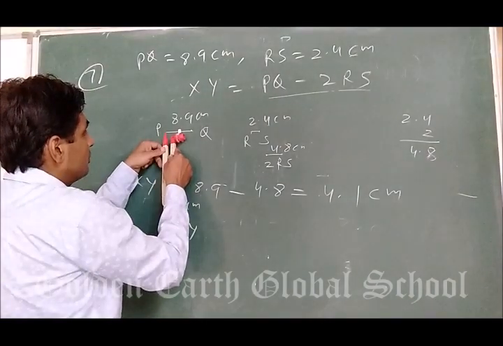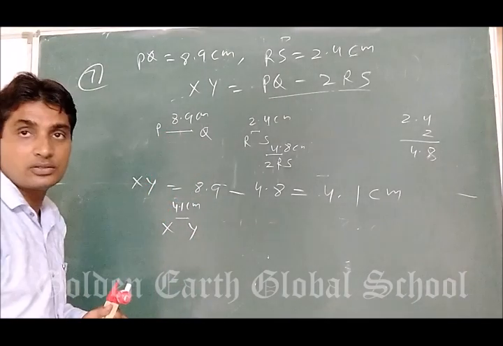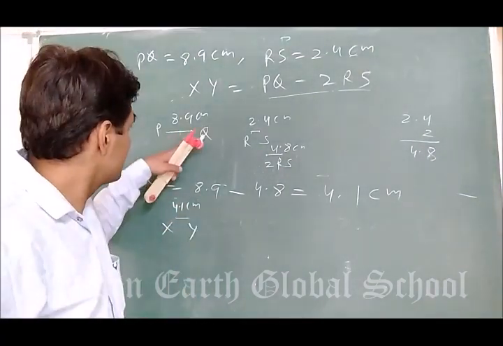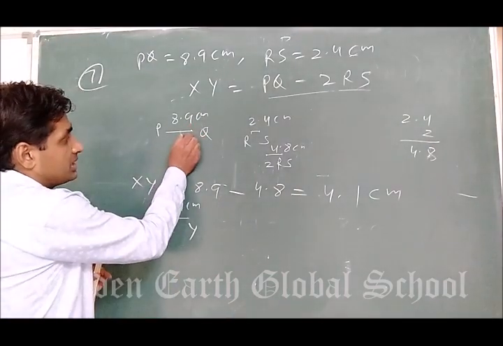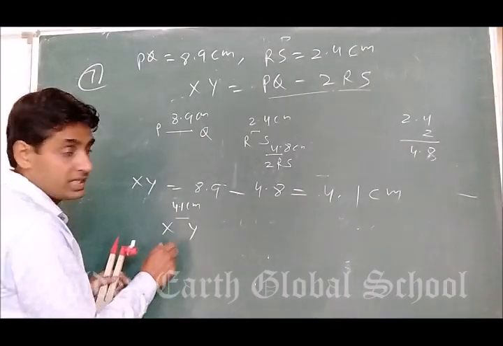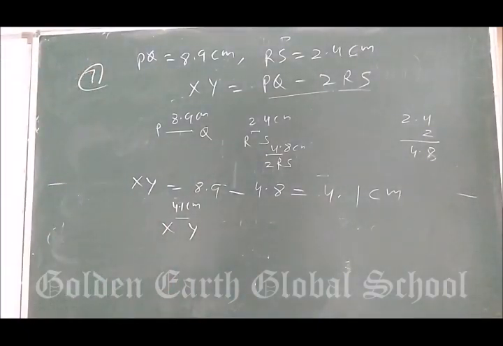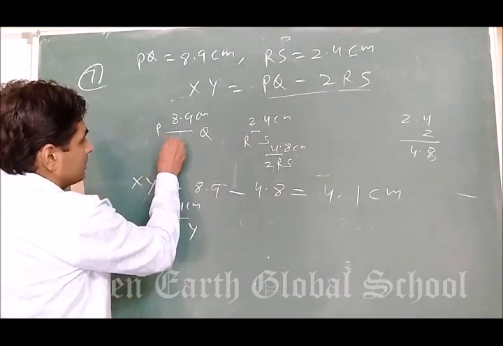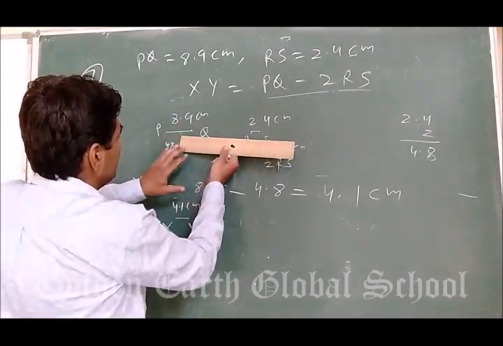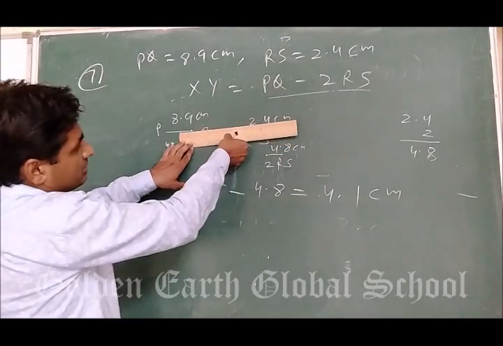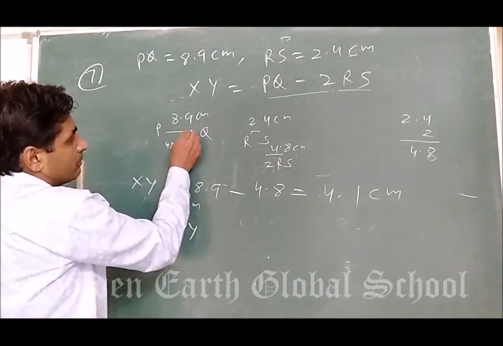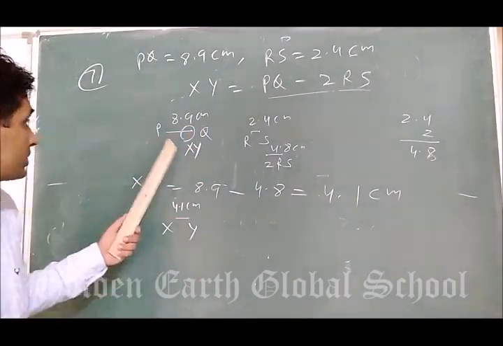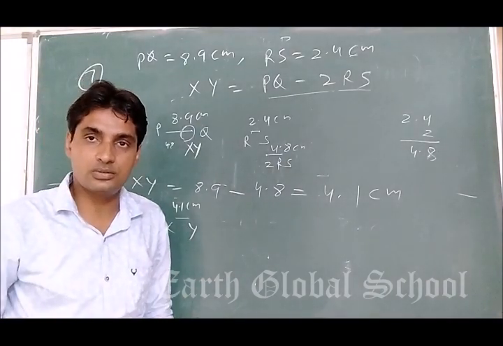Subtract means you have to draw one arc. अब जो arc draw करोगे बेटे, so here is a minus, here is a minus. जो माइनस हो गया बेटे, जो हमारे पास लेंथ रह जाएगी वो हमारे पास क्या होगा, XY. अब हम चेक करते हैं. So is this 4.1 or not, क्योंकि this one is 4.8, this is 4.8. Okay, so this will be 4.1. Yes, okay. So this length is XY. Okay, so you can check from your questions also by compass.